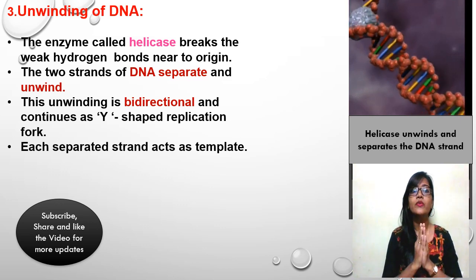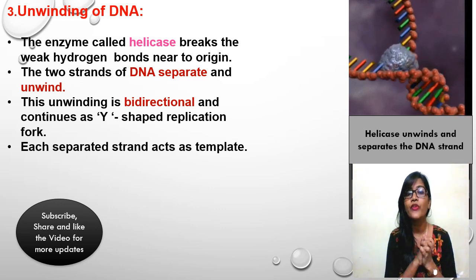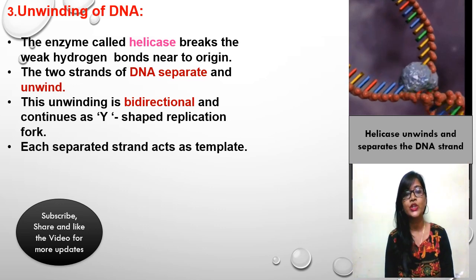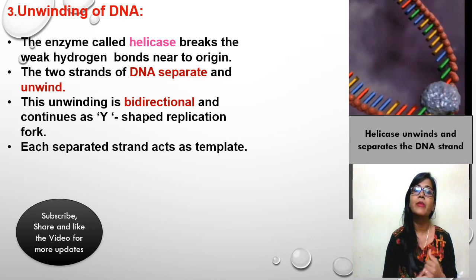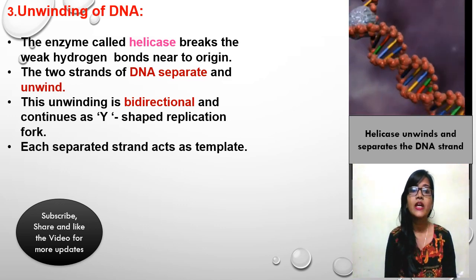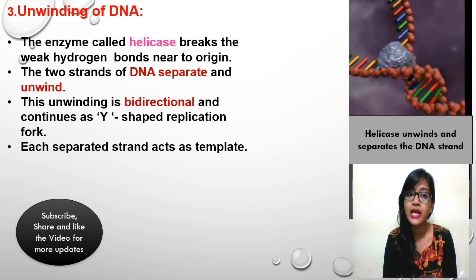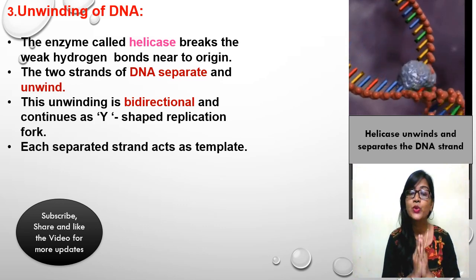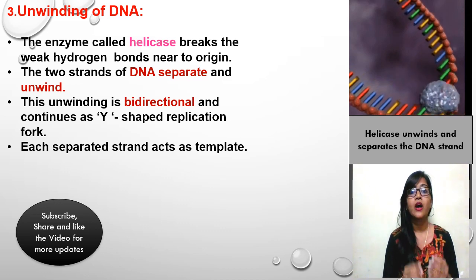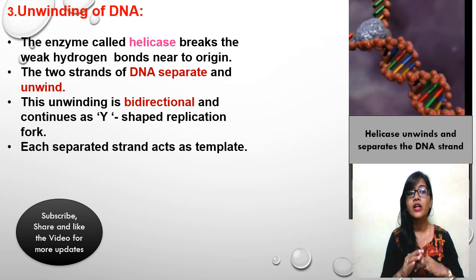There is another enzyme which plays a very important role in unwinding of the DNA, and that enzyme is helicase. Helicases are the enzymes that bind and may even remodel the nucleic acid or nucleic acid protein complexes. There are DNA and RNA helicases, two different kinds.